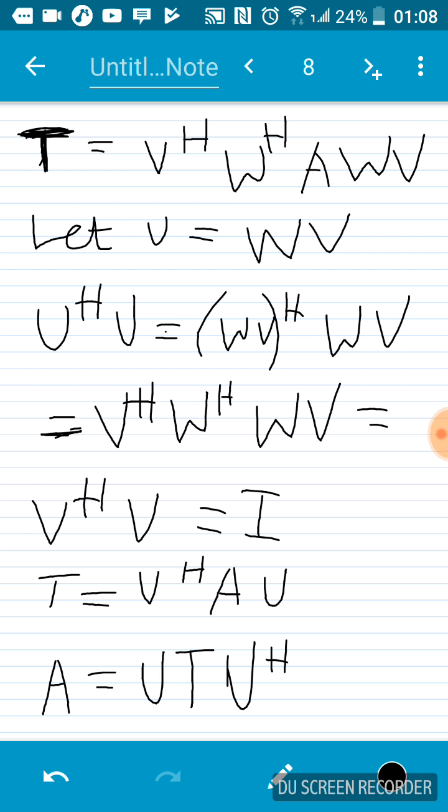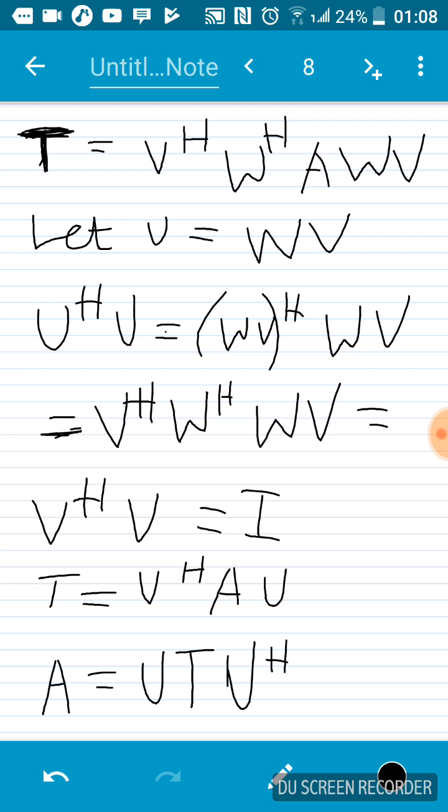Since both are unitary matrices, U^H U should equal the identity matrix. We can prove that: U^H U is V^H W^H W V, and W^H W is equal to I, and V^H V is equal to I, therefore proving that U is a unitary matrix.